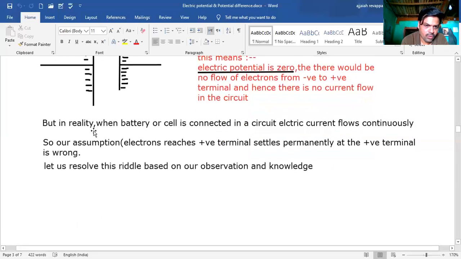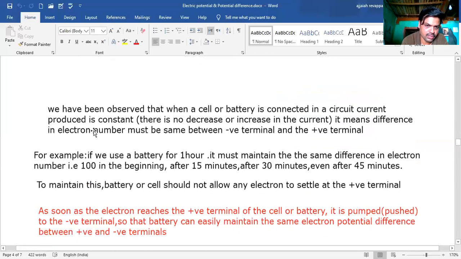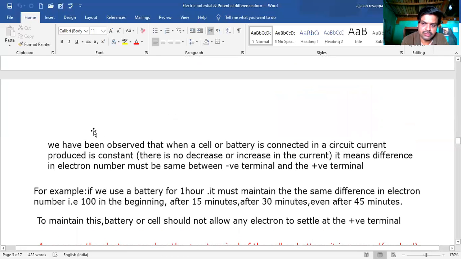Then what is happening? We'll try to solve this riddle using our previous knowledge as well as some observations. We have observed that when a cell or battery is connected in a circuit, the current produced is constant. There is no decrease or increase in the current. It means the difference in electron number must be the same between positive and negative terminal. So the difference should always be 100, throughout the time duration.